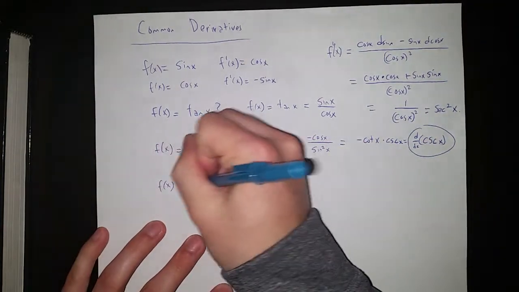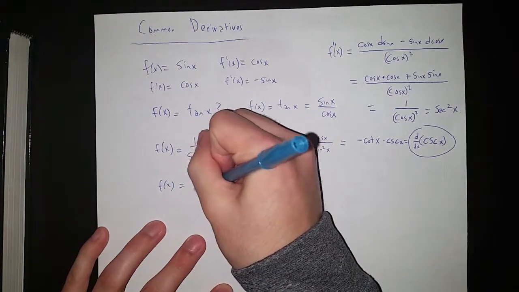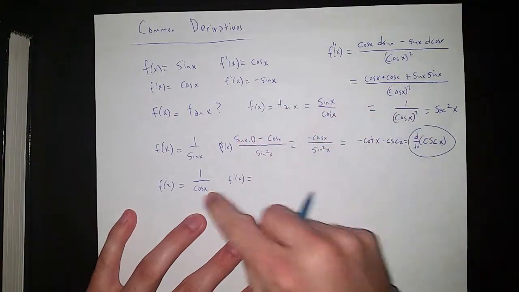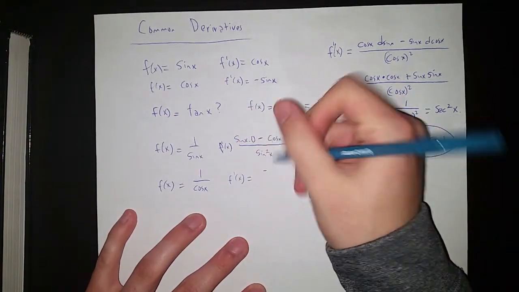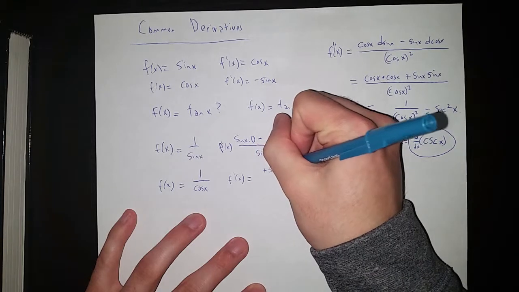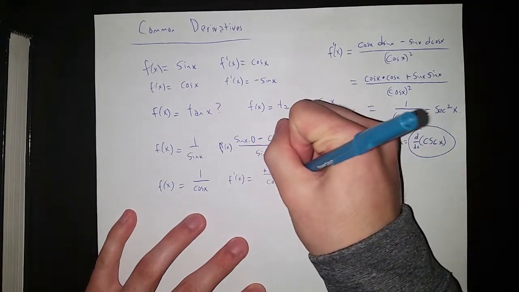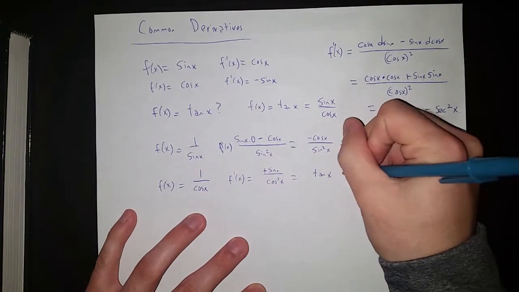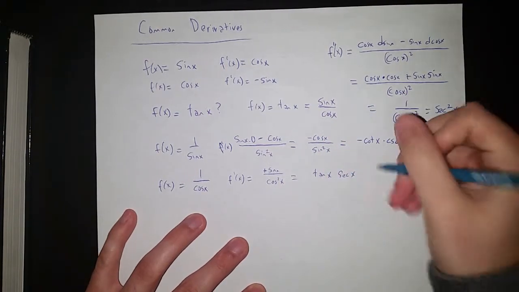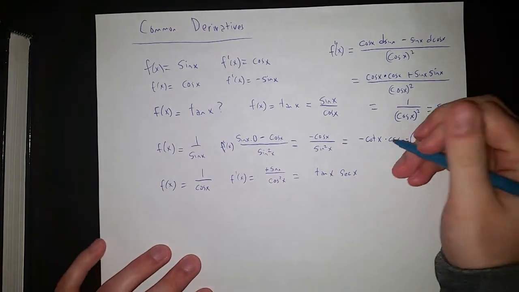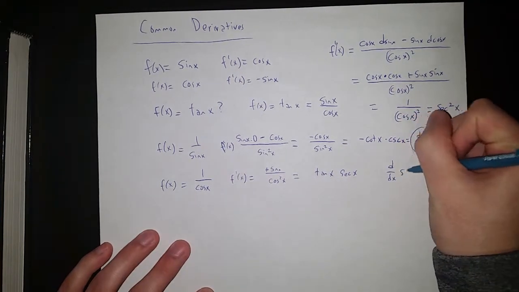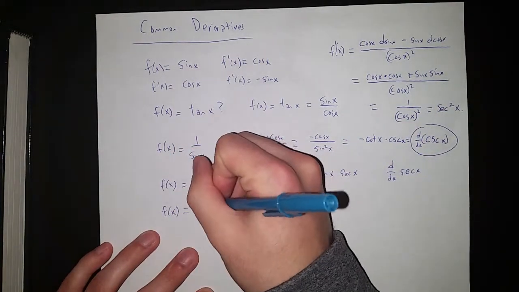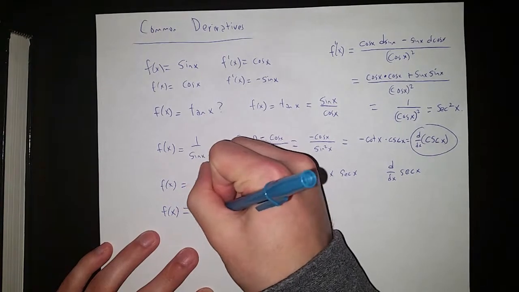Okay, f of x equals 1 over cosine. So now we'll do secant. So f prime x equals low d high minus high d low, so that's equal to tangent x times secant x. And then finally, f of x equals cosine over sine.